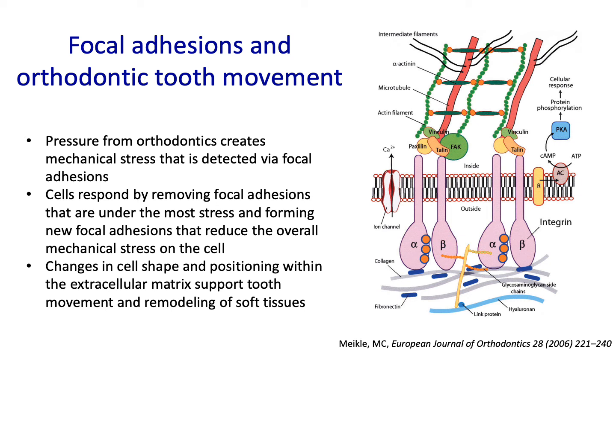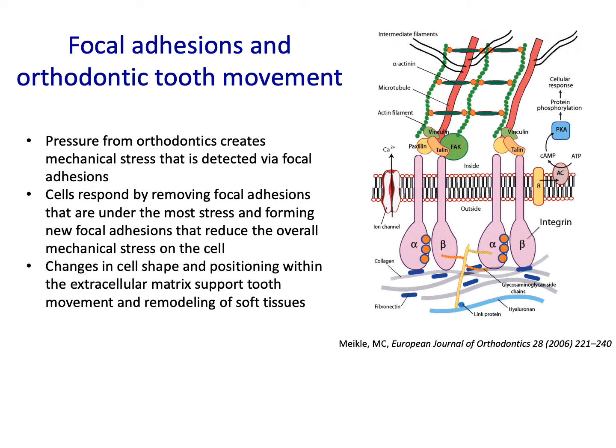The process of orthodontic tooth movement is highly complex, but focal adhesions play a role in this process. And I like this image of the focal adhesion because I think it illustrates the amazing complexity and the connections between the focal adhesions and so many of the different cellular processes. During orthodontic treatment, the mechanical pressure on the soft tissues creates a constant stress that is detected by cells via the focal adhesions.